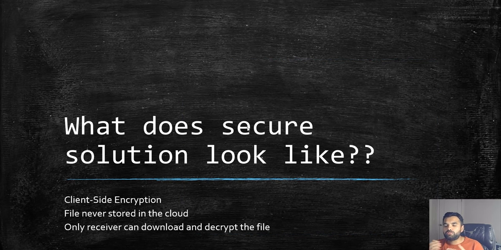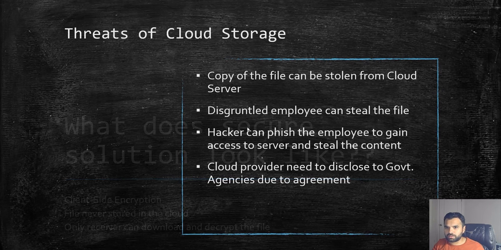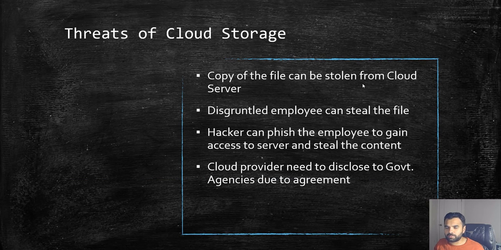Now what do we need in order to avoid these threats? That's critical. One thing is, we need client-side encryption. Suppose you have files on the cloud server, and a threat is that someone can steal from the cloud server, maybe an employee, a hacker, or the cloud service provider.